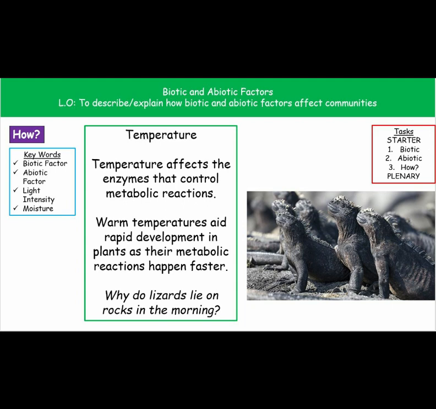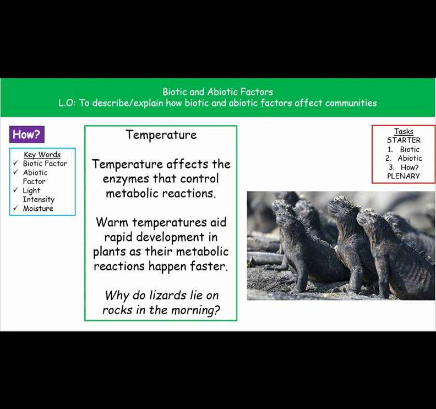Now, temperature is really important in living things because it affects the enzymes. And hopefully we remember that inside living things, we've got a huge number of these metabolic reactions that are needed for life to carry on. And enzymes are what's controlling a huge number of these reactions. Now, temperature affects enzymes, and we looked at that back in B1.